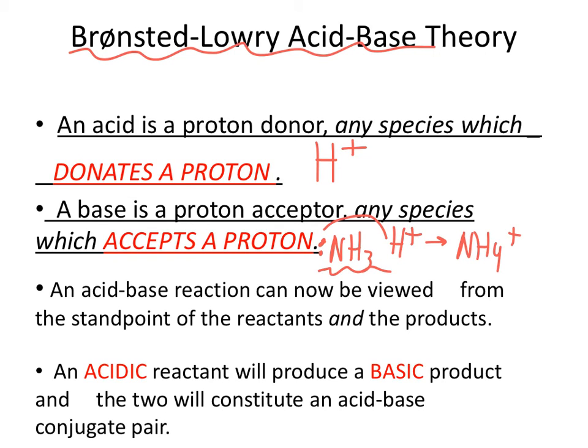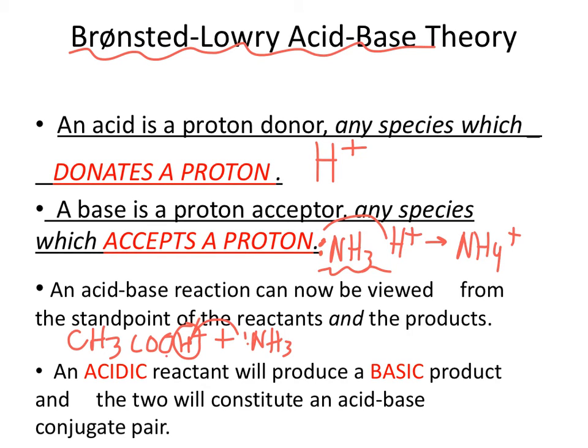So an acid-base reaction can be viewed from the standpoint of reactants and the products. And what we can do is imagine acetic acid. So this is what makes it an acid. It can react with a weak base, and these protons will grab it.